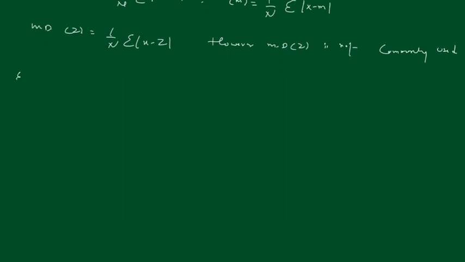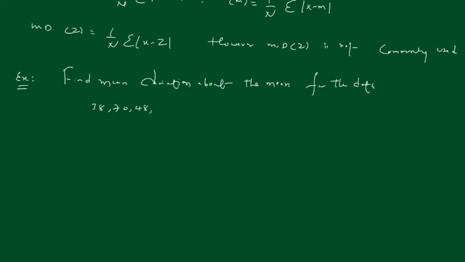For example, find the mean deviation about the mean for the data 38, 70, 48, 40, 42, 55, 63, 46, 54, 44, right? So here we have to find the mean deviation about the mean for the data given.